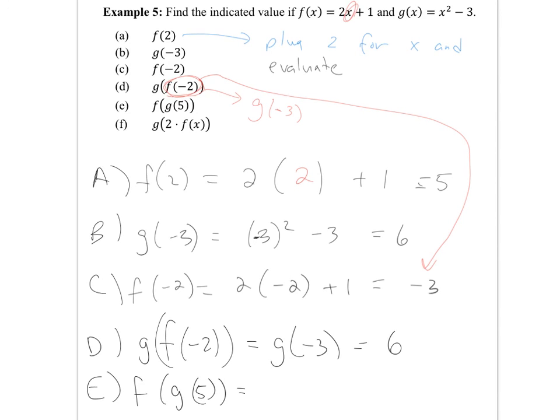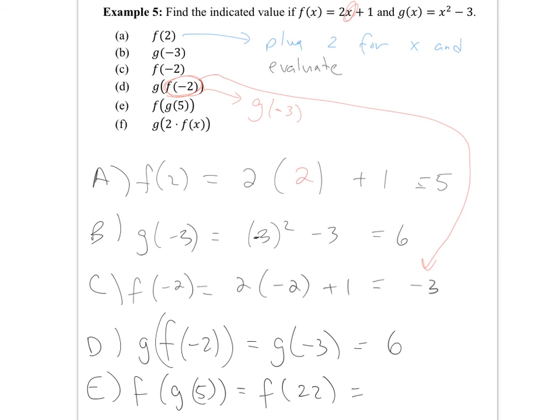Work your way inside out. What's g of 5? We're on part E. What's g of 5? Give me the intermediate step. What do you get when you do g of 5? 22. I would agree with that because it's 5 squared minus 3, which is 22.